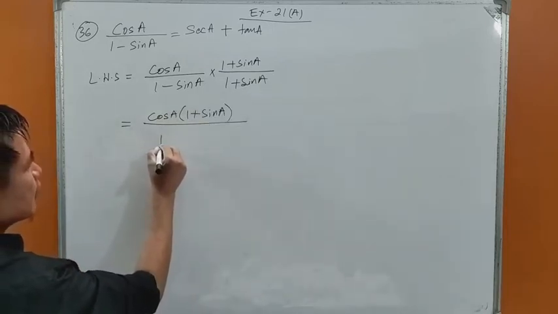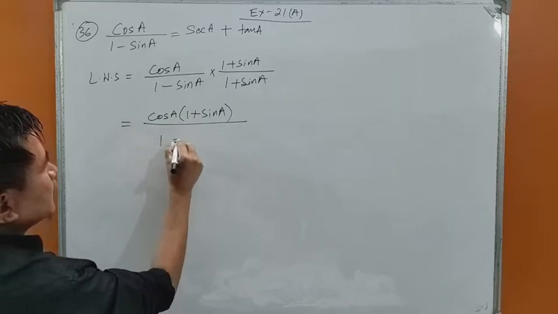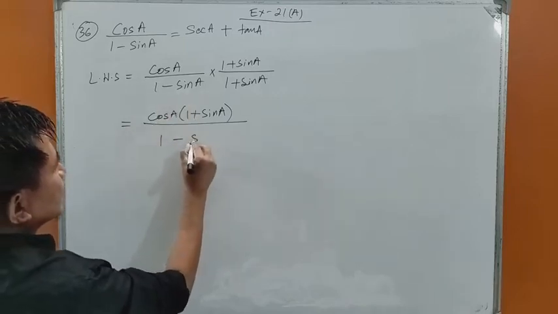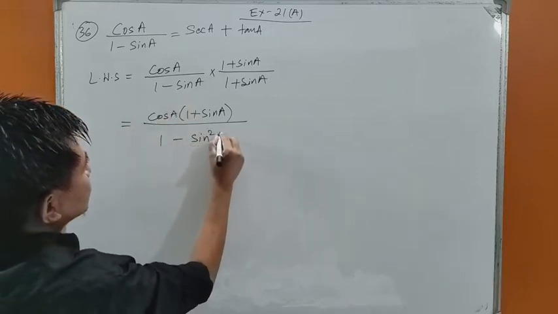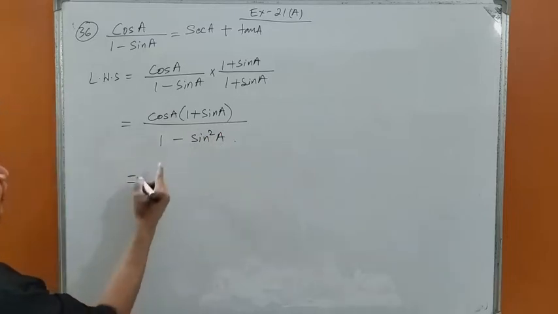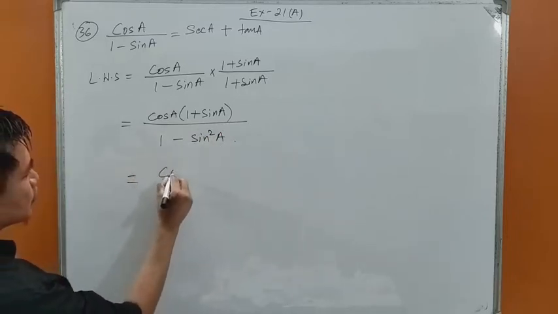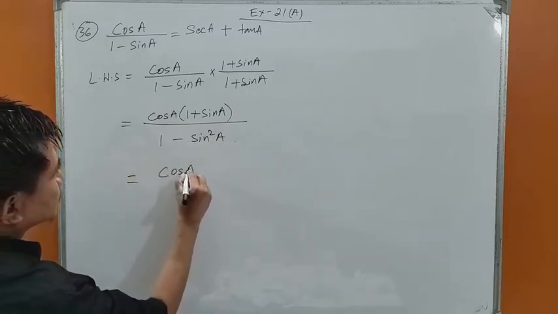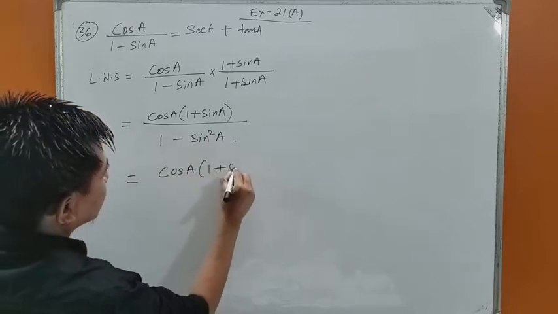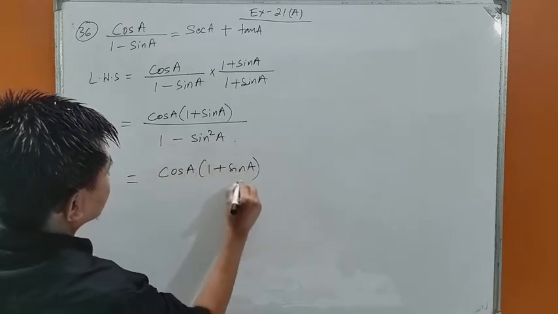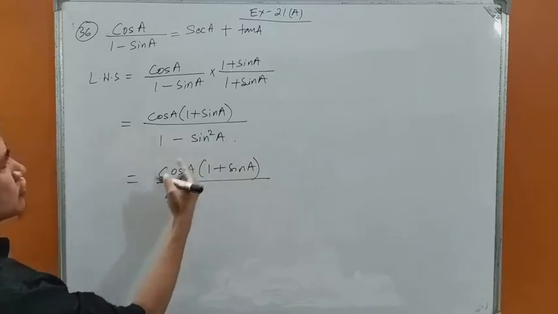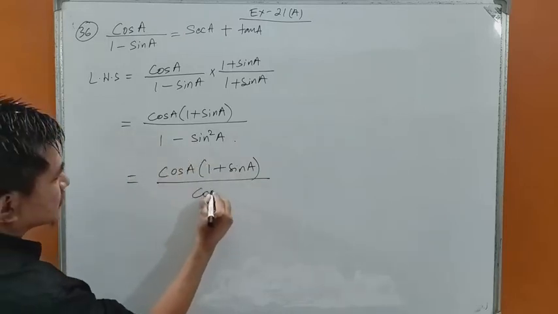A square is 1 square, which is 1, and B square is sin square A. So this is 1 minus sin square A. This gives us cos square A, isn't it?